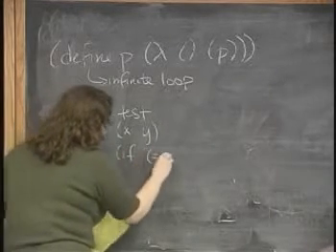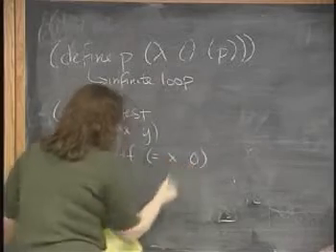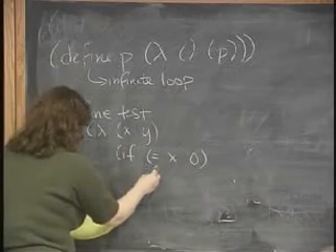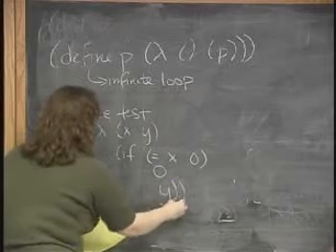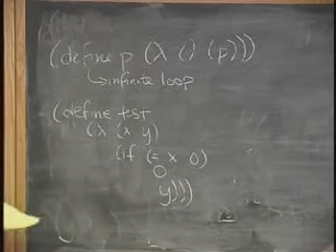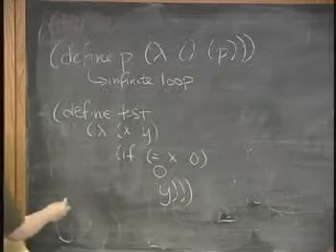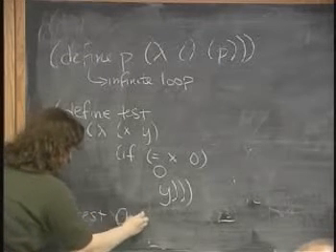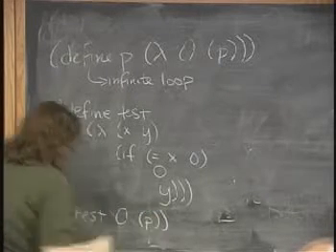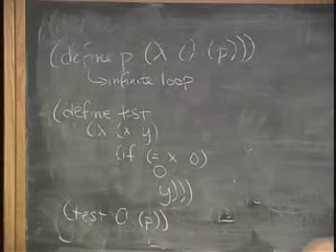The body is, if x is equal to 0, I'm going to return 0. Otherwise, I'm going to return 1. Then, let's call test with the parameters 0 and an application of P.